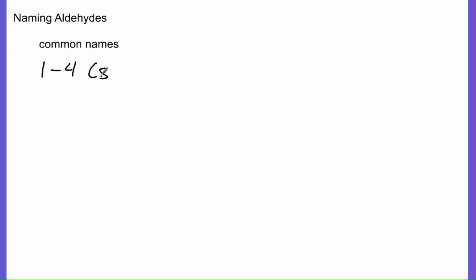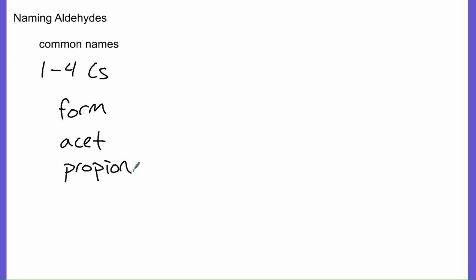If there's only 1 carbon, you're going to use this prefix. It's going to be a formaldehyde, which should be something you recognize. If there's 2 carbons, you're going to use an acid prefix. 3 carbons is propione, which again, that actually sounds like our propane, right?